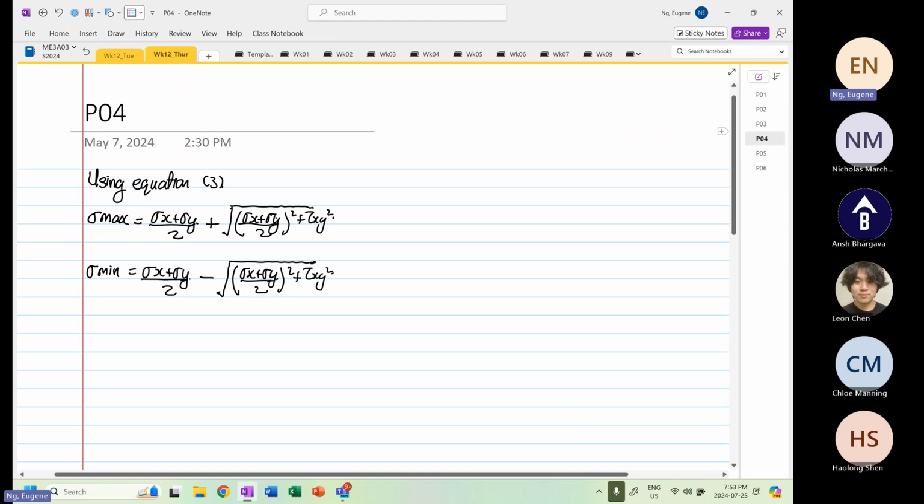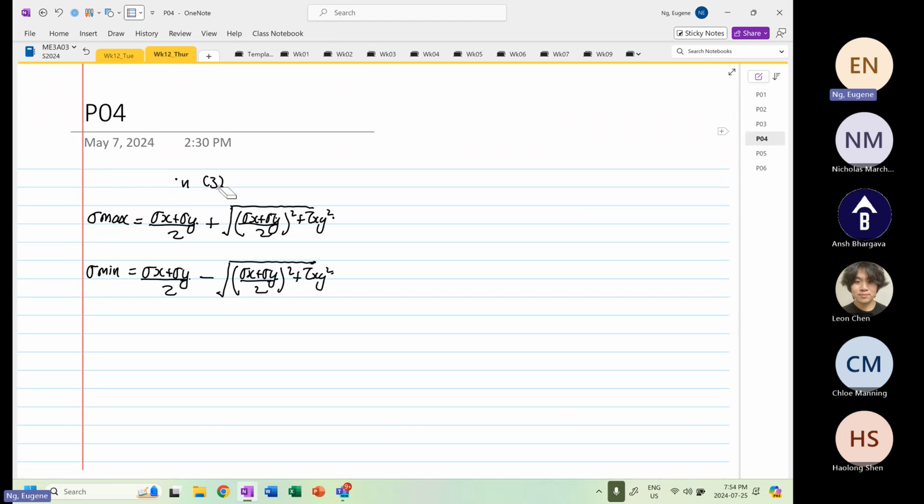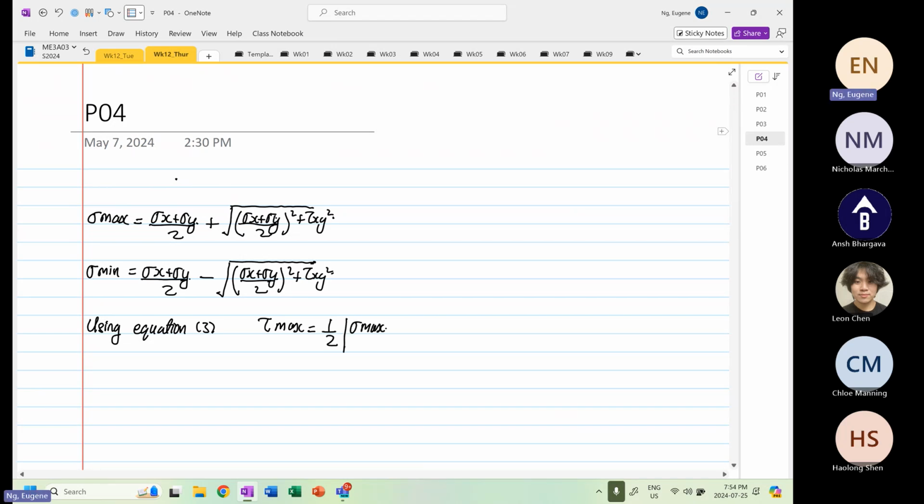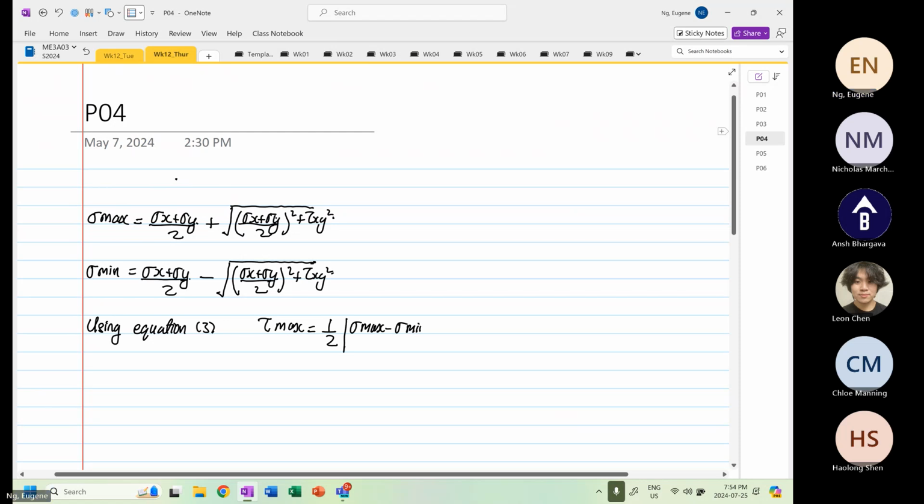So when we use equation 3, okay, I think my using equation 3 should be down here. Using equation 3, right, we know that the tau max is equal to half stress max minus stress mean.